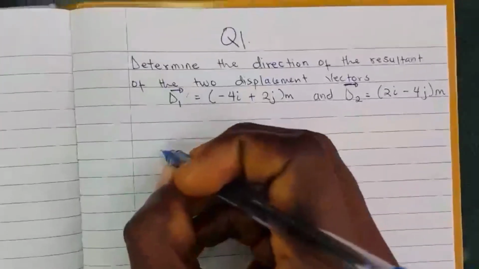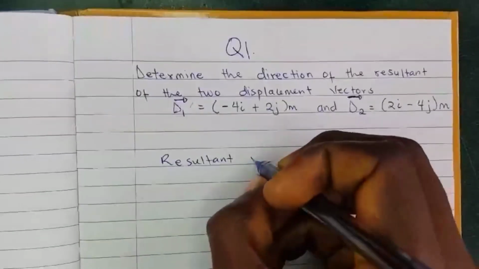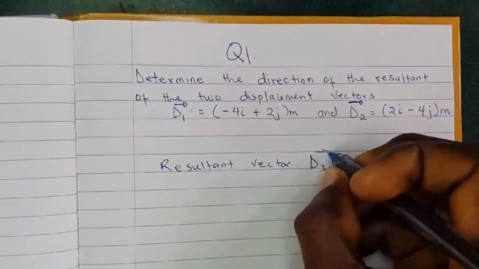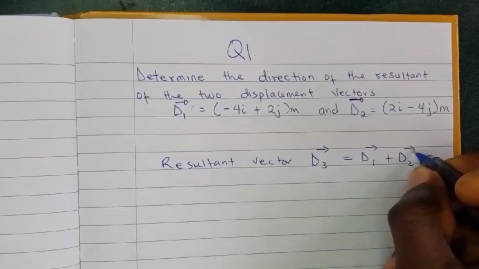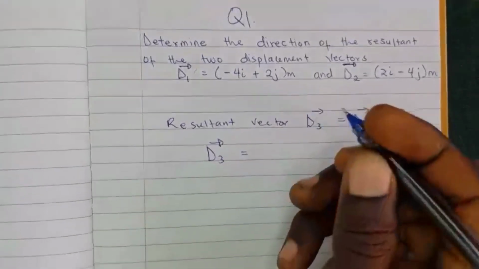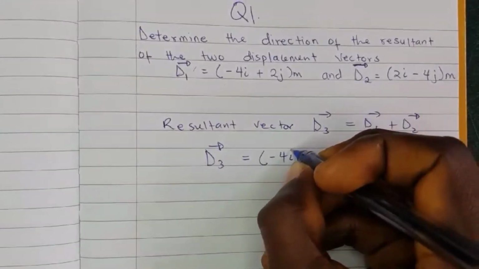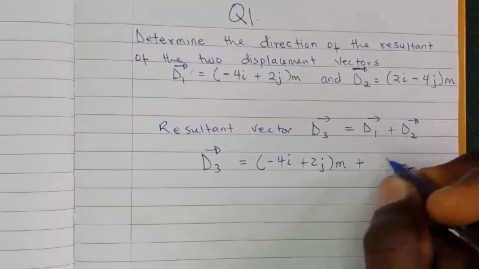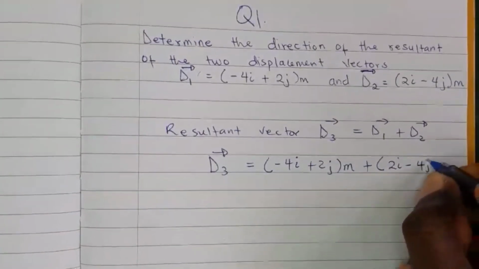So our resultant vector, let's call it d3, is equal to d1 plus d2. So d3 is equal to d1, which is minus 4i plus 2j m, plus d2, which is 2i minus 4j m.